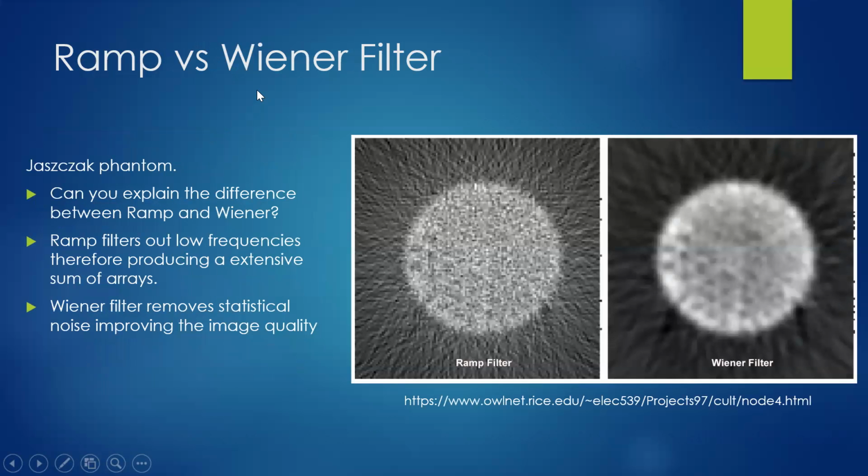And here is ramp versus Wiener filter to give you an idea of what's happened. You can see here that it's eliminated some of the noise that's inherent in this system, and actually gives us a slightly better visualization of the different photopenic areas found within this Jaszczak phantom.